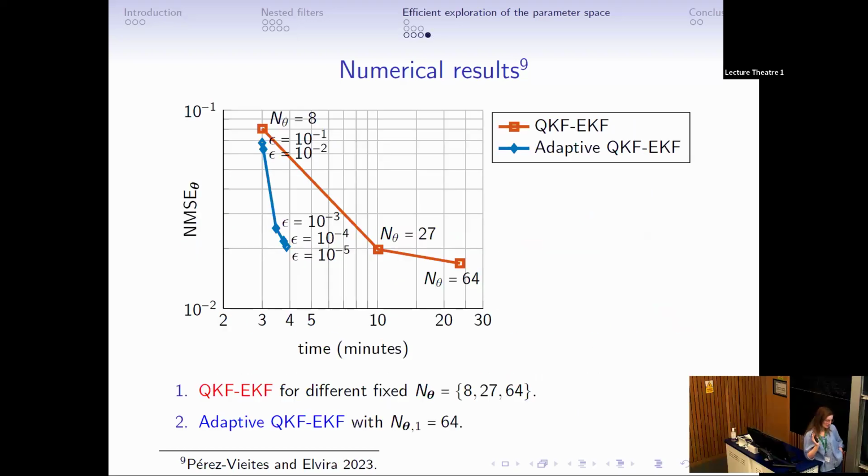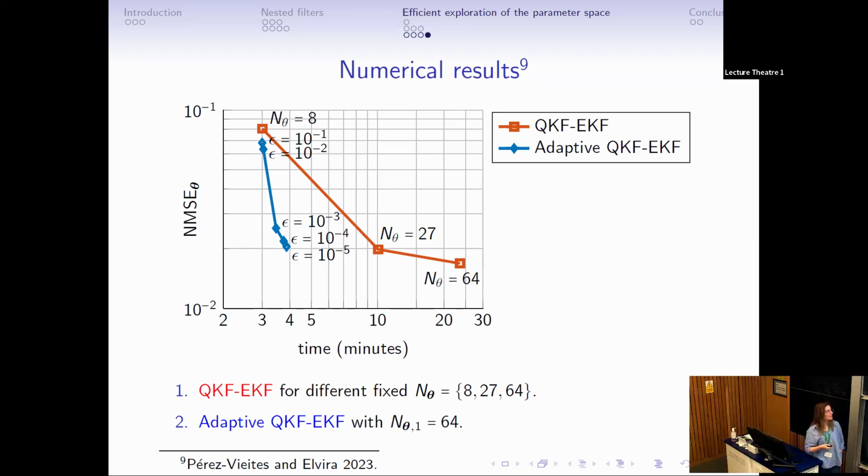And the last plot, I think I went a bit fast. I always have this problem, but it's okay. In this plot, we wanted to show the new adaptive method, where we change the number of particles over time. In order to show this, we ran the nested Gaussian filter with a fixed number of samples or points for theta.